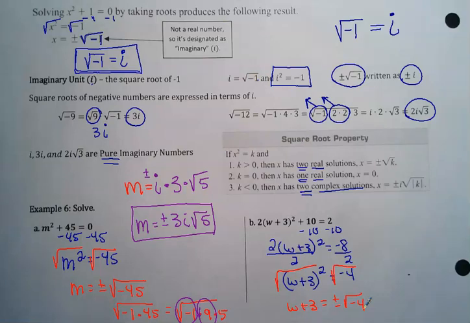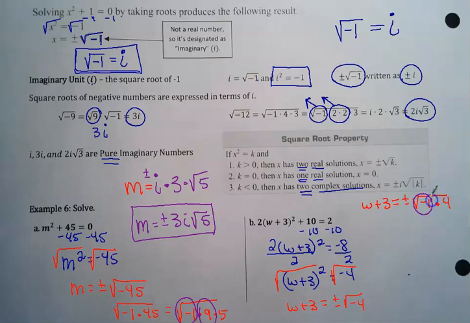So this is equivalent, let's do that. We have w plus 3 is equal to plus or minus, I'm going to break this down, the square root of -1 times 4. And maybe you're like, Mrs. Talbert, this is ridiculous. We got this. I just want to make sure.